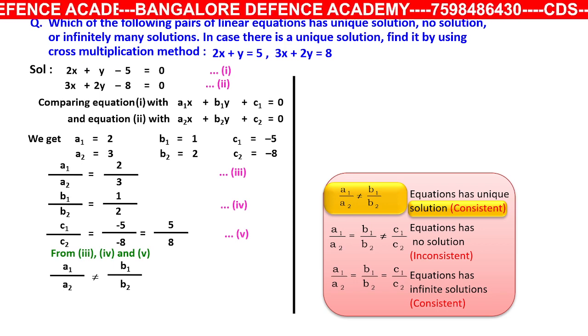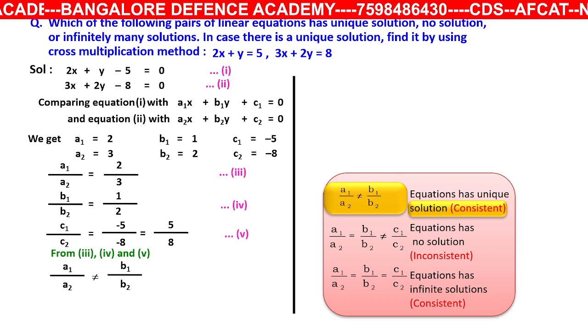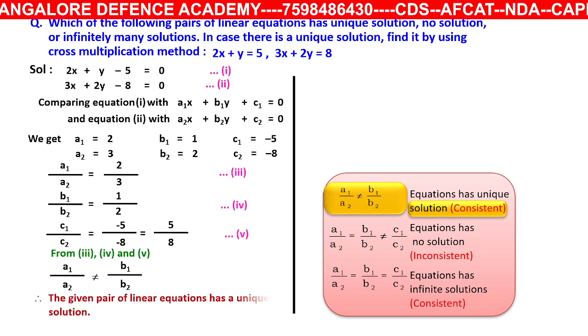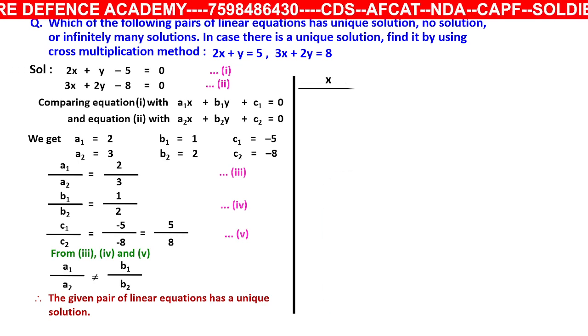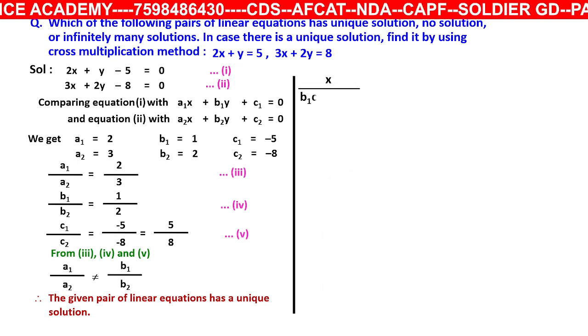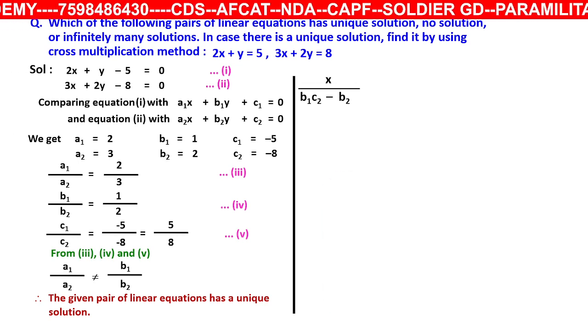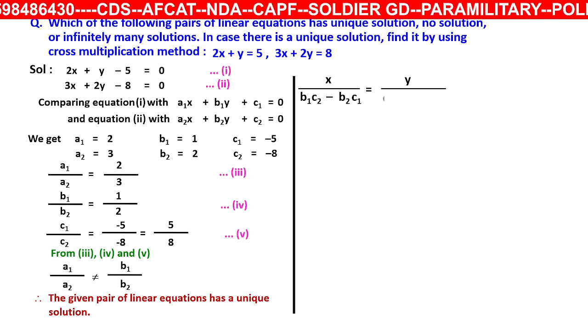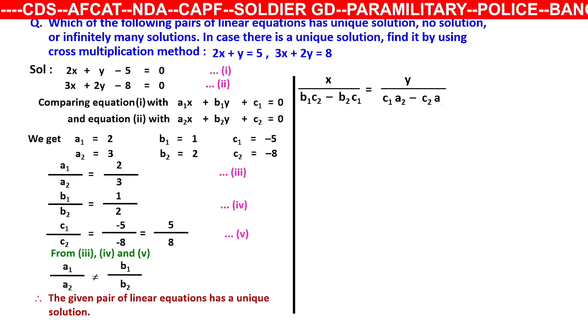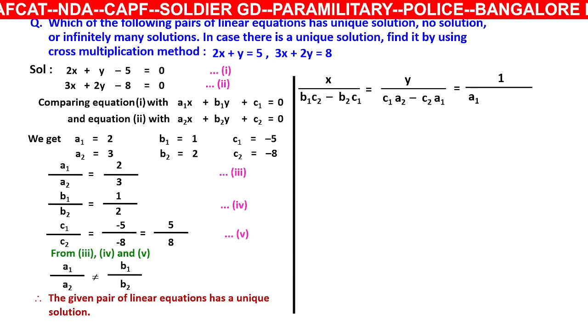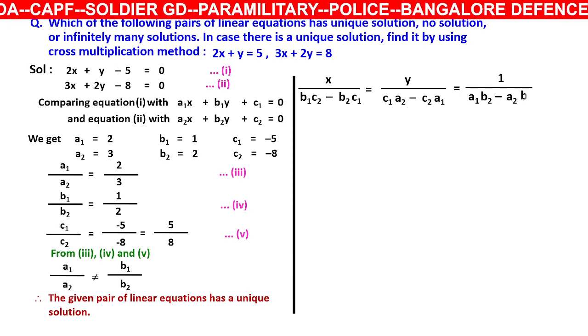So here in the first case, the equation has a unique solution, so I have to solve with the cross multiplication method. So look at this now. x divided by b1 c2 minus b2 c1, y divided by c1 a2 minus c2 a1, next you have a1 b2 minus a2 b1.